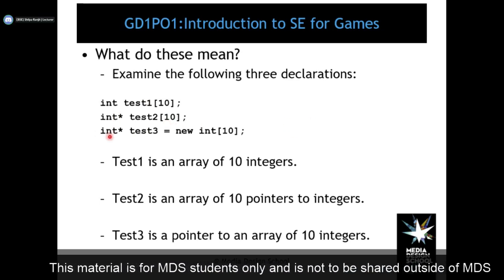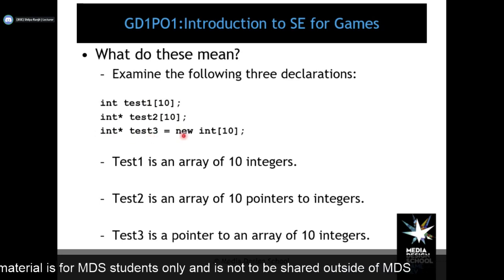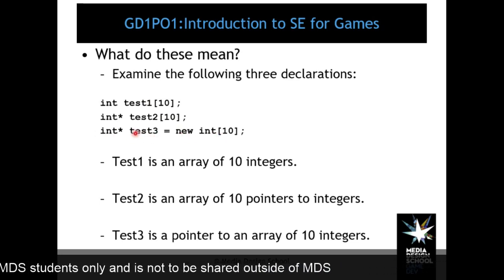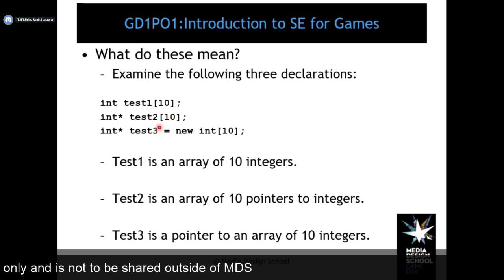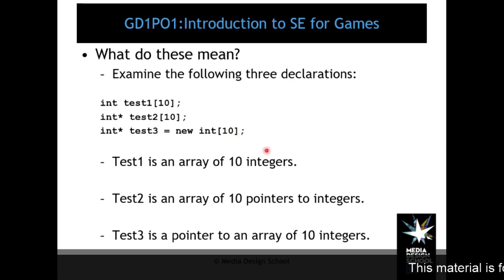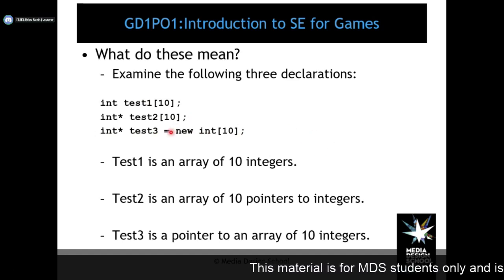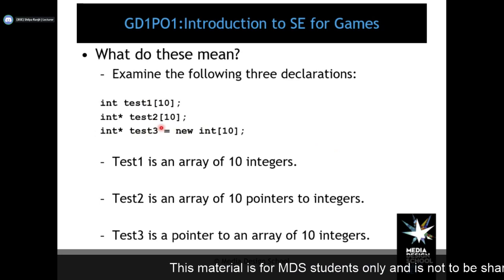And what about the third line? Int asterisk test 3 is equal to new int 10. So as discussed in the previous slide, this is a pointer variable which requests an integer array of size 10 from the heap. And the address of that heap memory is given to test 3.